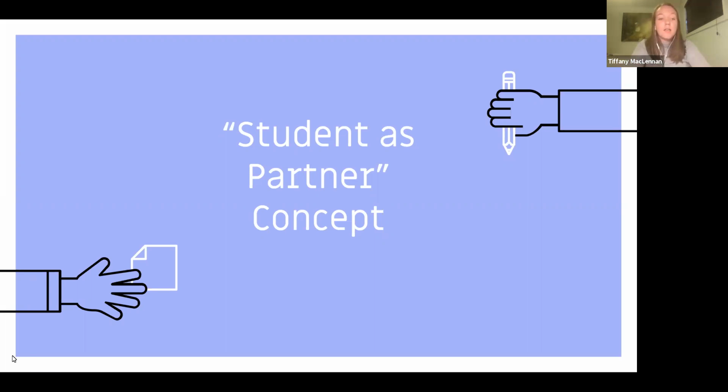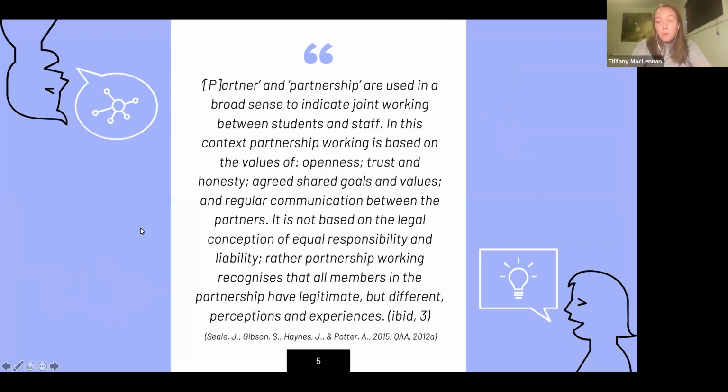Basically, a students as partners partnership is built on values and on being on an equal playing field, not having a power structure hierarchy. So the partners, in this case student partners, are held to the values of openness, trust, and honesty, so that we can share our experiences and work together rather than working on different levels.